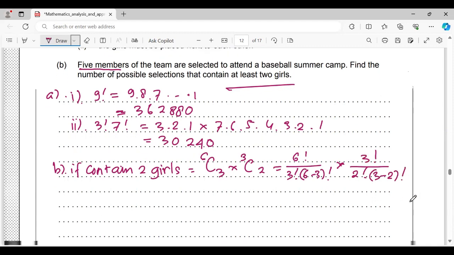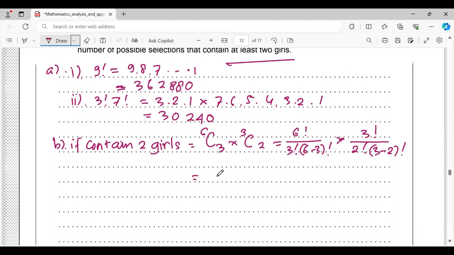That we can calculate: 6 times 5 times 4 times 3 factorial over 3 factorial times 3 factorial, times 3 times 2 factorial over 2 factorial, 1 factorial.